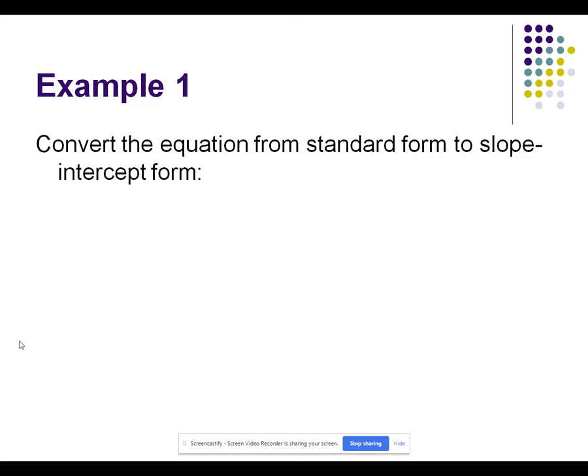So, example, convert the equation from standard form to slope-intercept form. I've got 2x plus 3y equals 12. I need to change it. So what's the first step? The first step was to move your x term. So my x term is a positive 2x. If I move a positive 2x, what am I going to do?